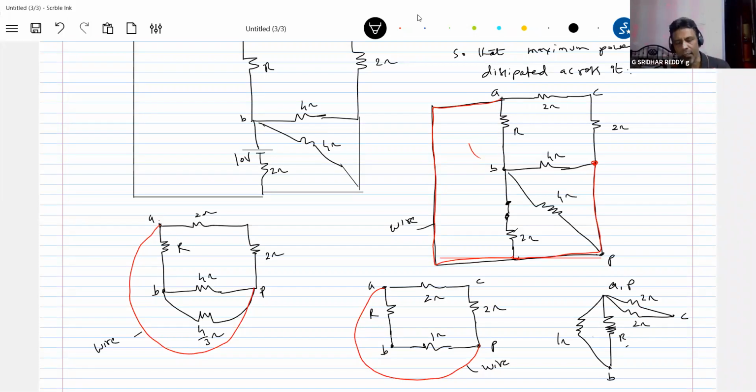Okay, let's see that now. What I should do is remove that resistor and find the effective resistance as seen by it. That's the method, like the previous problem.